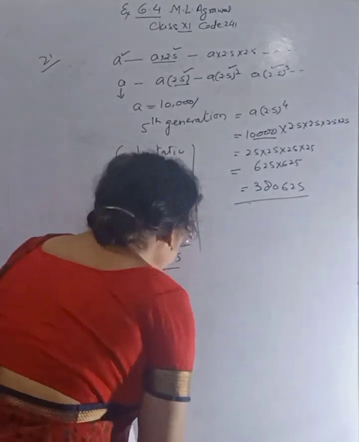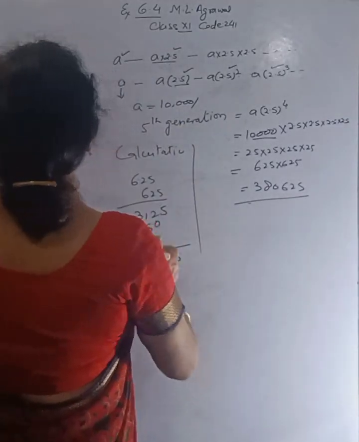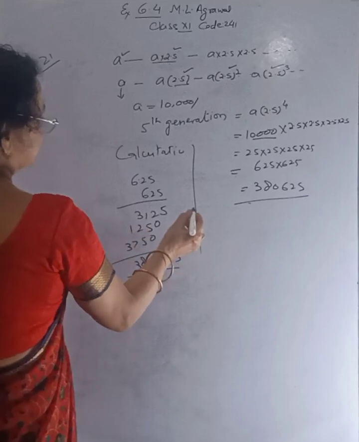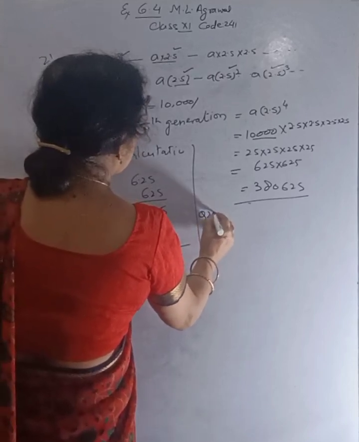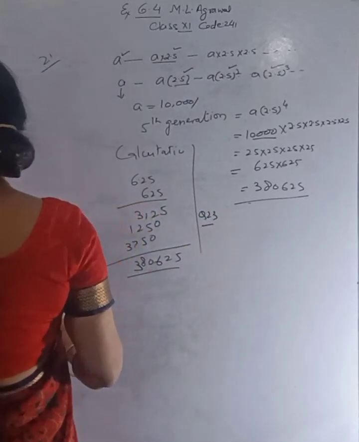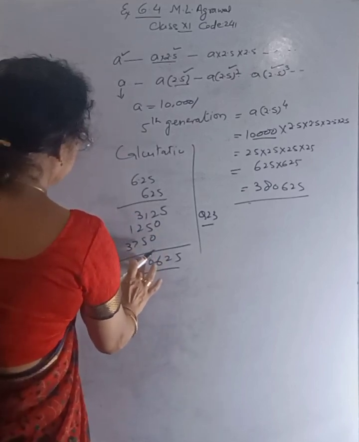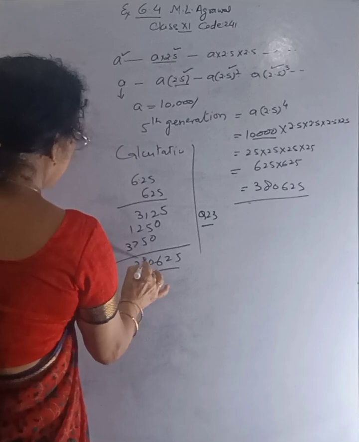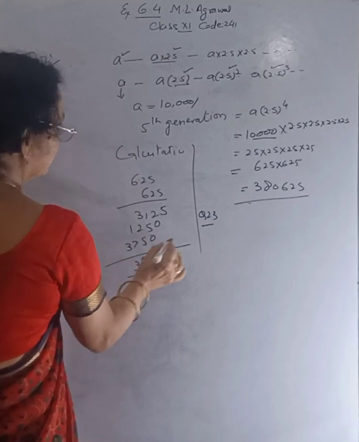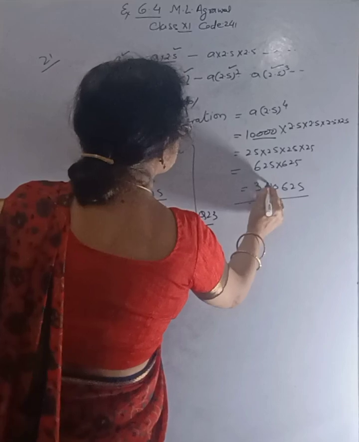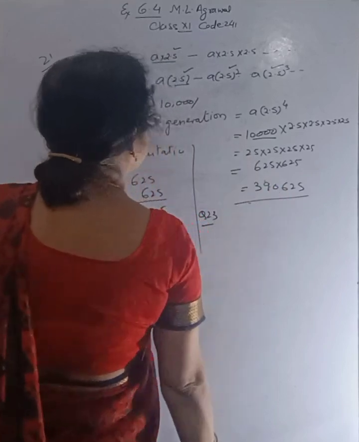Now I am going to calculate another question, that is question number 23rd. Okay, this will be 9, sorry. Okay, answer will be this.